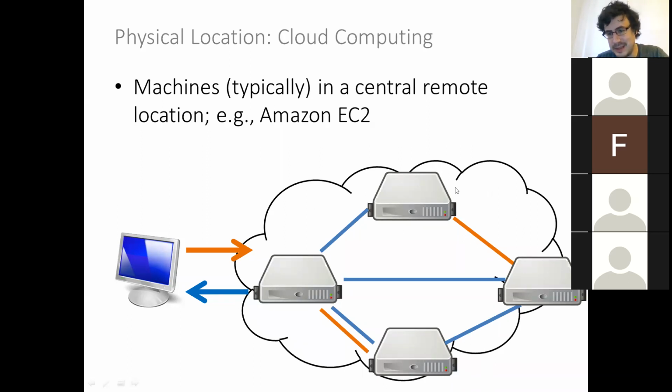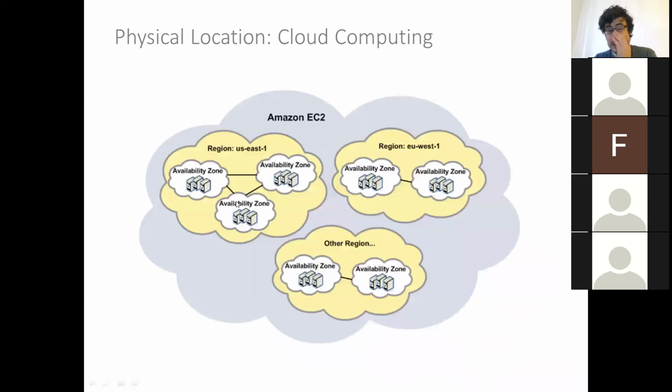You're probably renting these machines, and you're running your distributed system remotely through the interfaces provided by the cloud provider. Just to mention that in cloud computing, in terms of centrality, it's not necessarily the case. You could have a distributed system working in Amazon EC2, for example, that actually has components running in different regions, right?